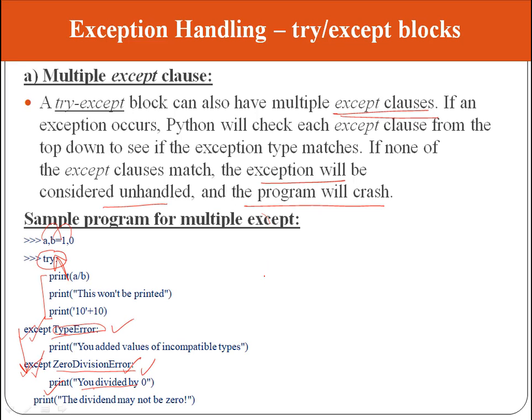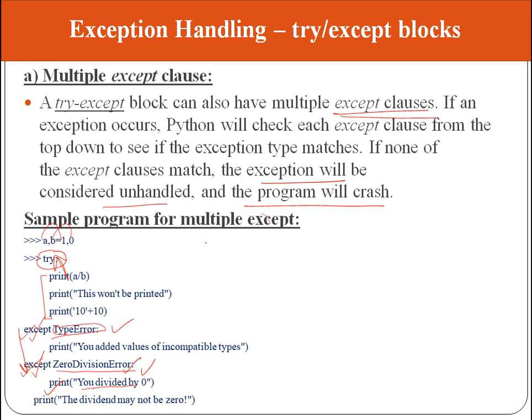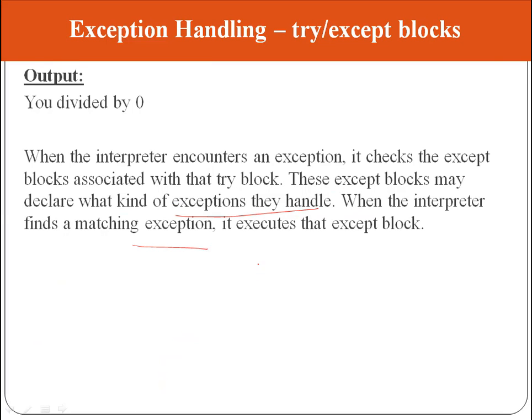So it is saying that type error and ZeroDivisionError can be handled by this try block. When the interpreter finds the matching exception, it tries from the top down. First it has tried for type error, then it comes to the ZeroDivisionError. So ZeroDivisionError has occurred, right? So it executes that except block.